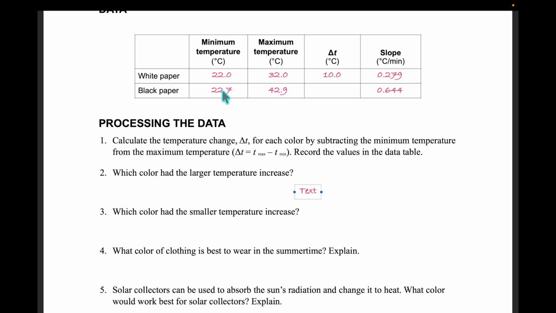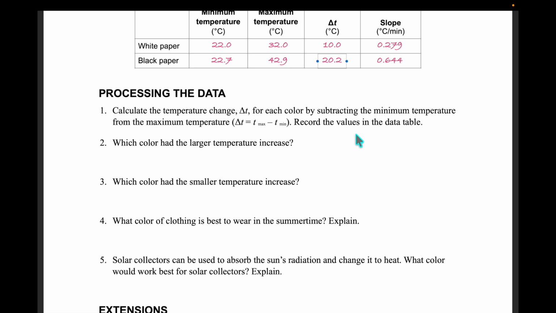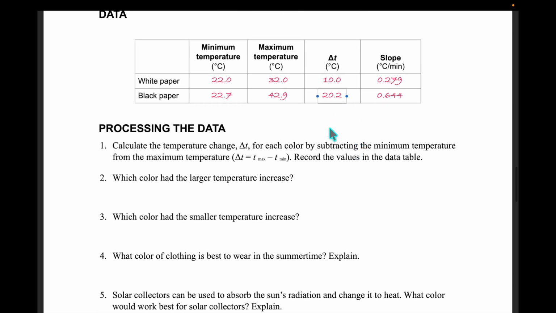Then 2 minus 2 is 0. 4 minus 2 is 20. So this would be 20.2 degrees. Plug that in a calculator if you want to. Okay. So that's our data table. So number one, you could, if you want to, say, see table. Done.